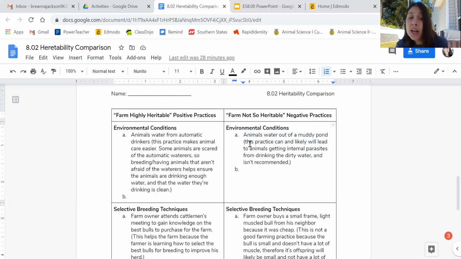Okay, your animals can drink from back there, but it's very likely that your animals that drink from there are going to end up getting internal parasites, because that water is not clean. And the animals are probably going to pee and poop in that water. They're going to spread internal parasites. They're going to get internal parasites from drinking that nasty, dirty water. This is another reason that automatic drinkers are a positive practice.